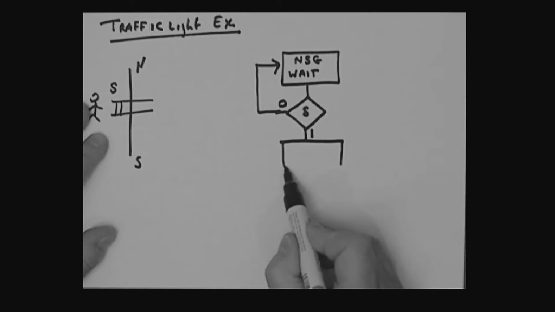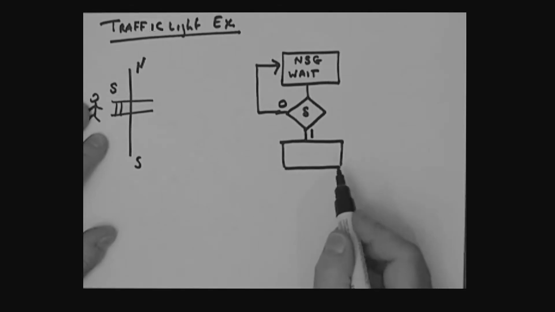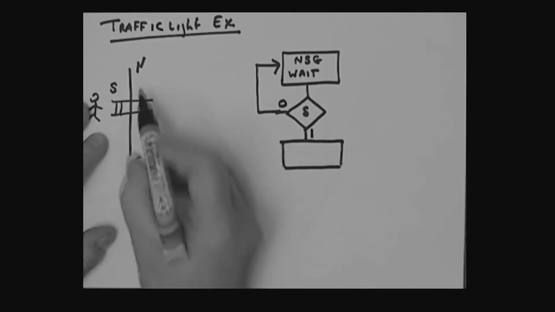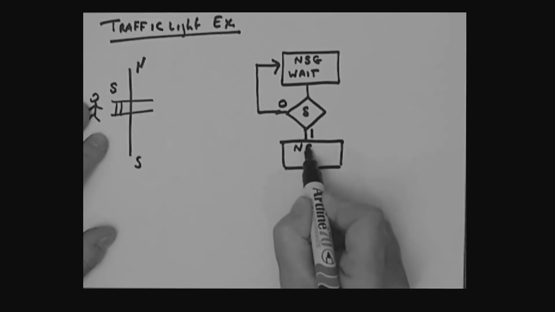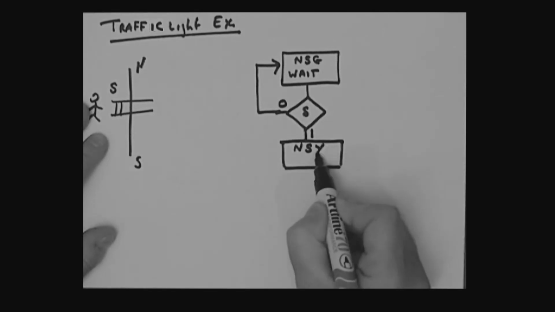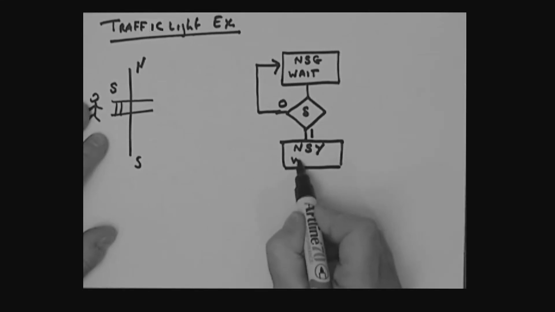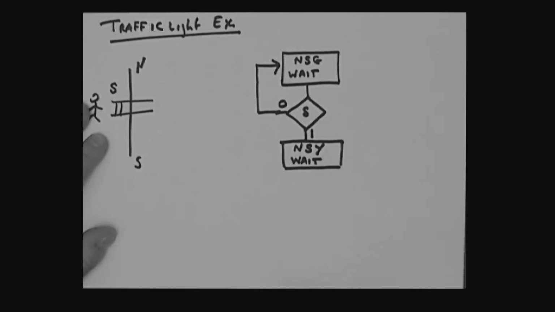And in this other state, we will have a new traffic light condition. We're going to change the lights here, so we'll change the light condition now to north-south yellow, but we'll still keep the wait sign on as far as the people are concerned. Then we'll move to another state.